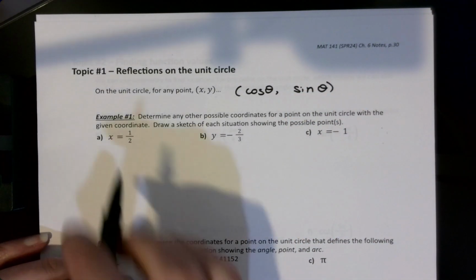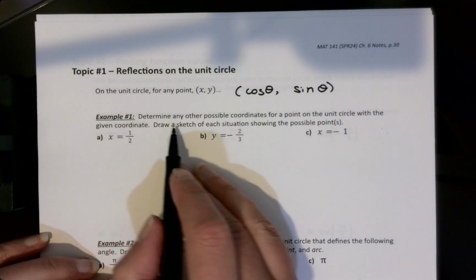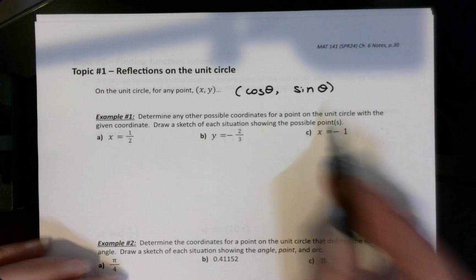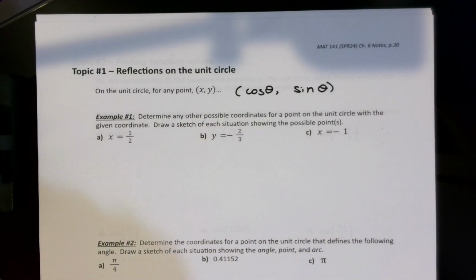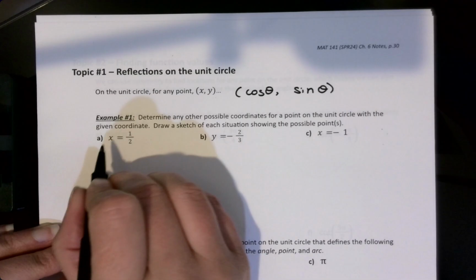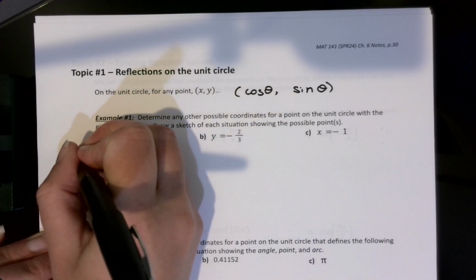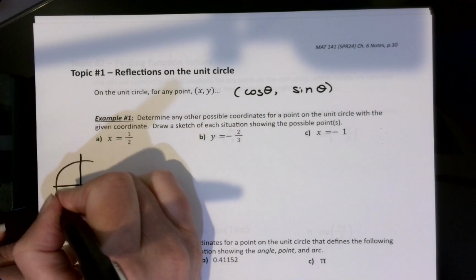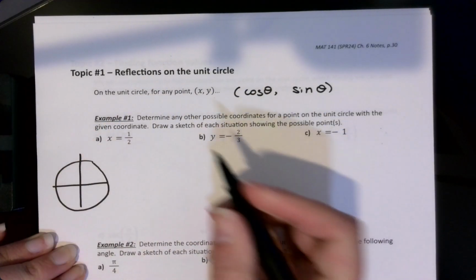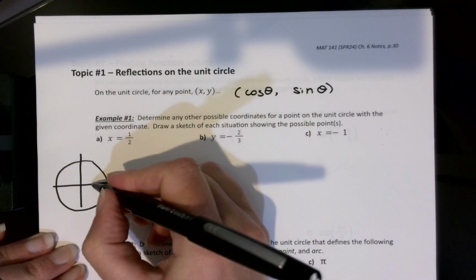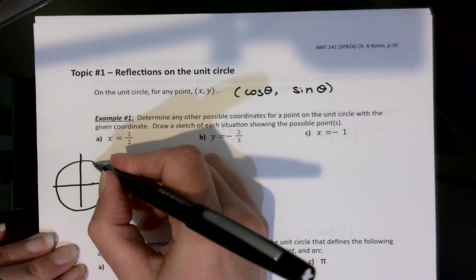And in the first example, I want to determine any other possible coordinates for a point on the unit circle with a given coordinate. Okay. So, if the x value is 1/2, so I know this is 1, so 1/2 would hit up here.